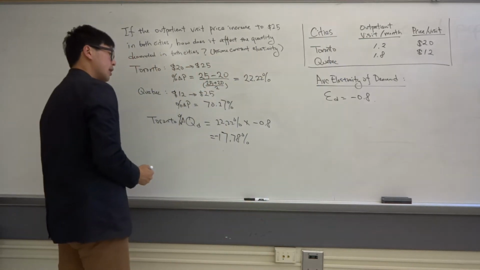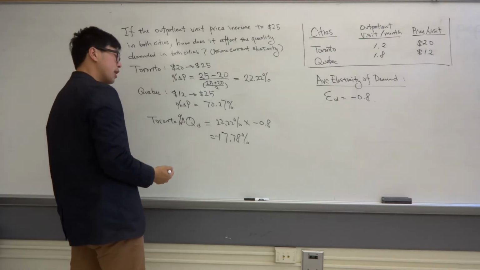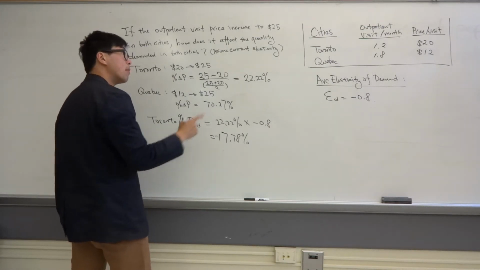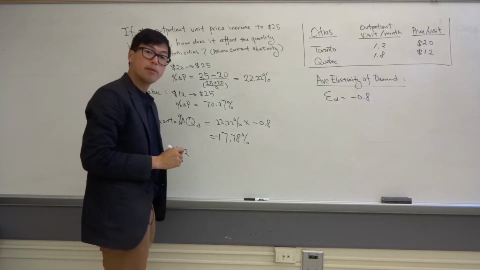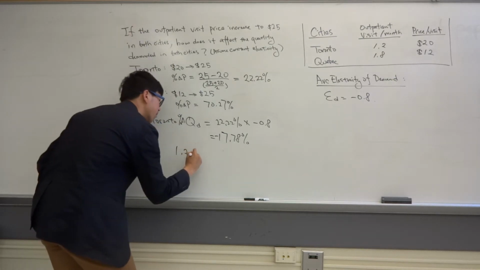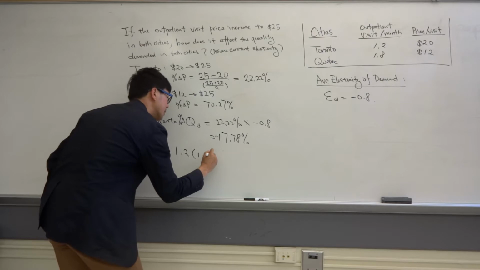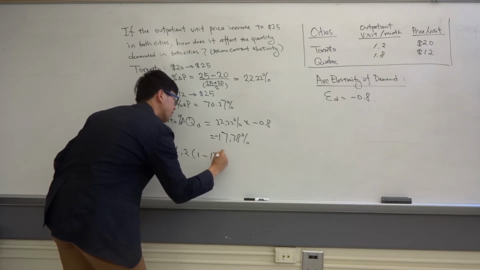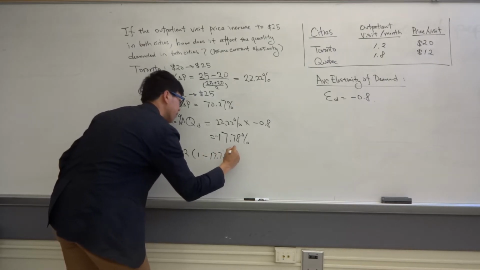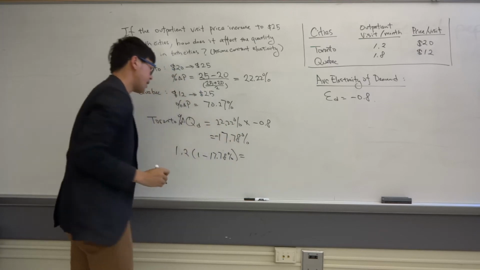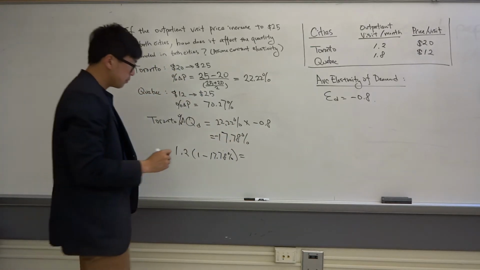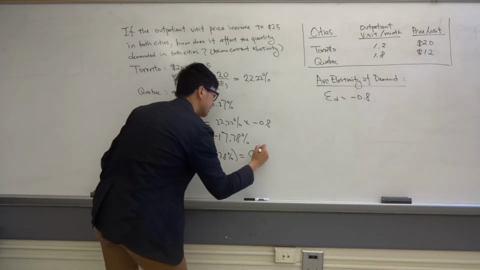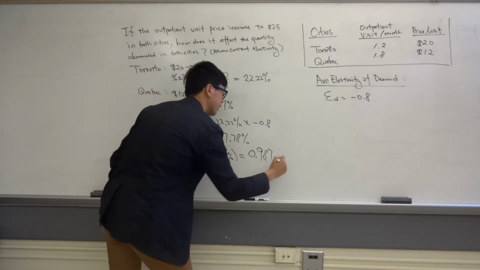You can actually use one way or the other: multiply 1.2, which is the original quantity demanded in Toronto, times 1 minus 17.78%. At the end, you will get the answer equal to 0.987 visits per month.